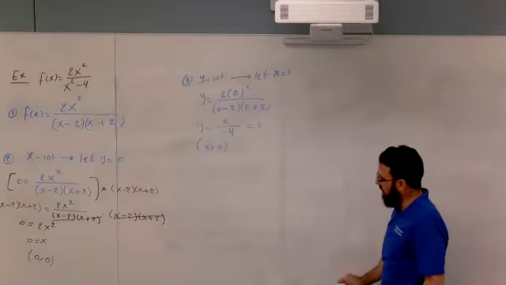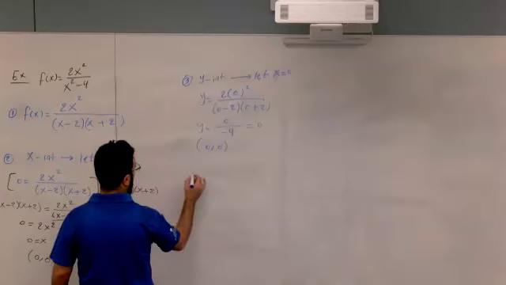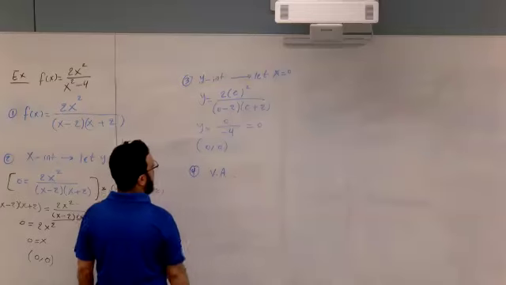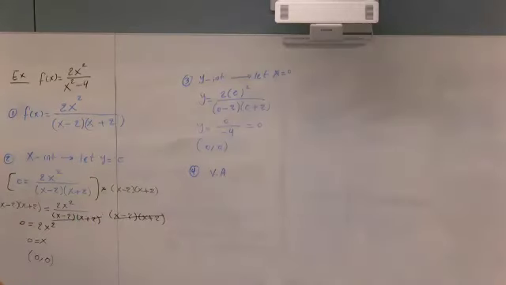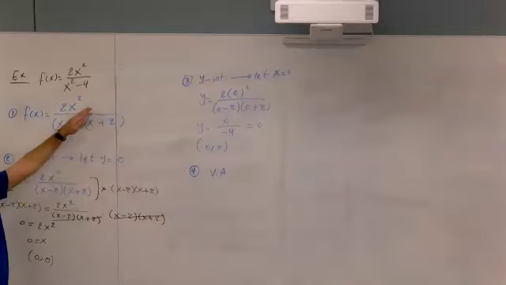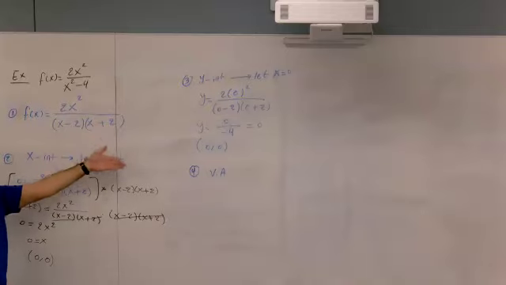Next step, find what? The vertical asymptote. Let's find the vertical asymptote. Can you simplify it? Can you cancel the parentheses with the top? You can't. So that means I'm just gonna set these two parentheses to 0 and solve.